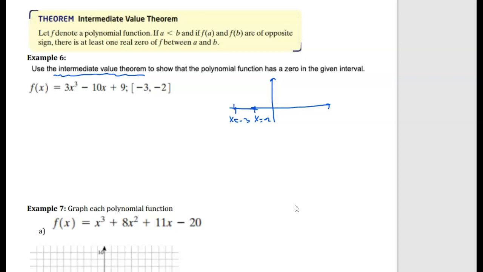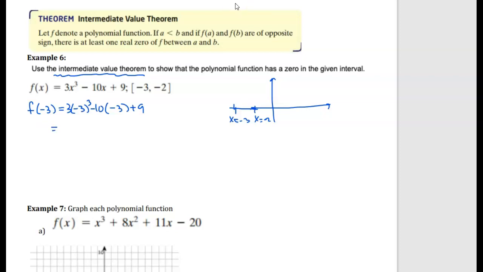All right. So what we do is we plug in both ends. So I'm going to plug in negative 3, we're going to plug in negative 2 and figure out what the function is. We have 3 times negative 3 cubed minus 10 times negative 3 plus 9. Alright, let's erase this.